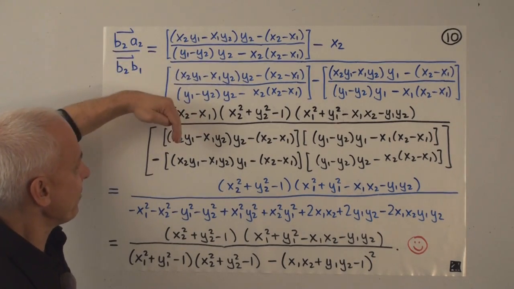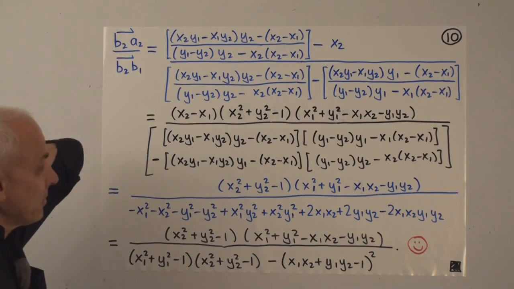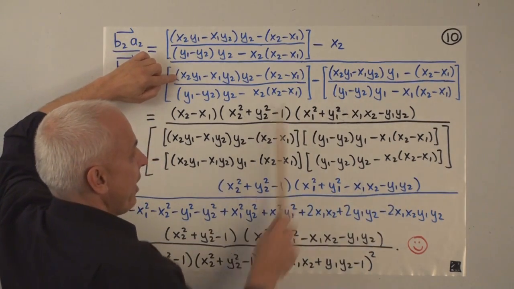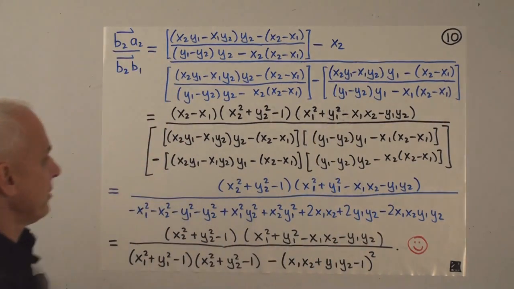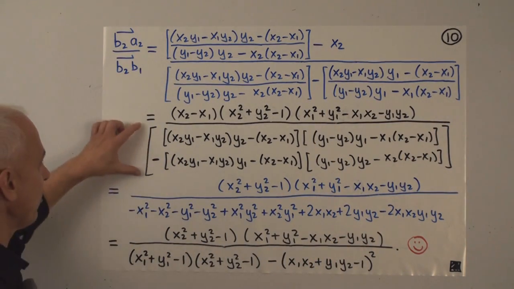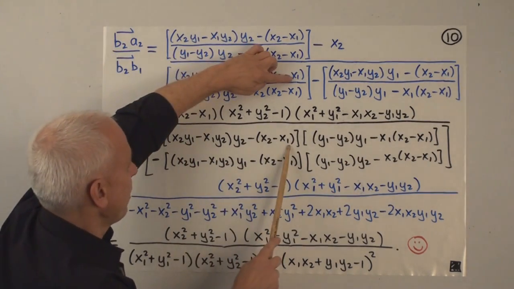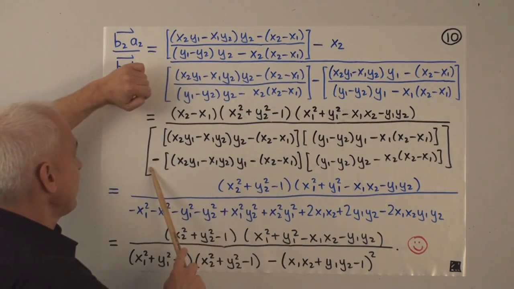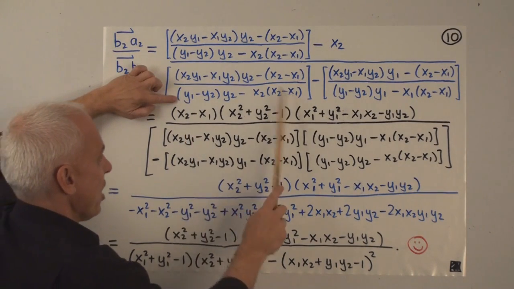What's happening on the bottom after we've multiplied by this common denominator here? Well, we have to take the numerator here and multiply it by this denominator and subtract the numerator here multiplied by this denominator. That's what I've done over here. That's what all this is. So there's the numerator times this denominator minus this numerator right here times this denominator right here.